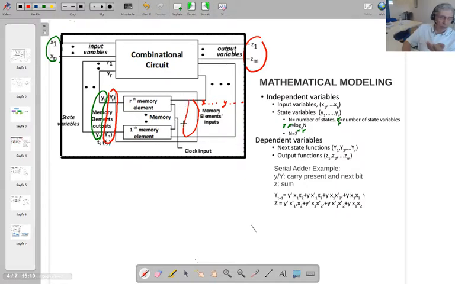According to the definition of these memory elements, you're going to see these capital Y's in terms of small x's and small y's. So these are called next state functions. Next state functions, dependent functions, and output functions. These independent state variables represent the present state.